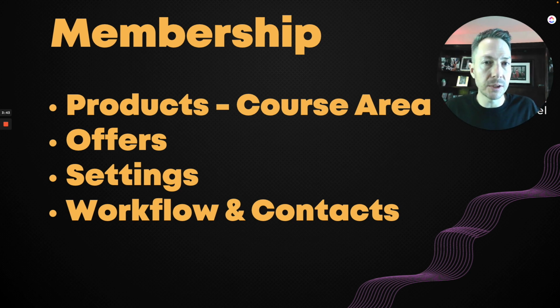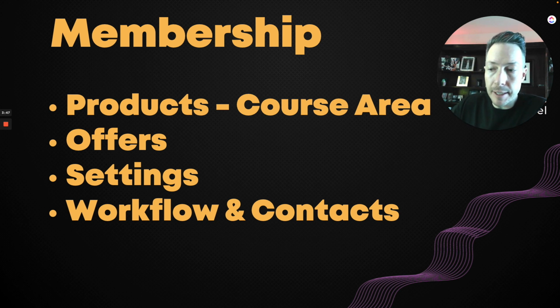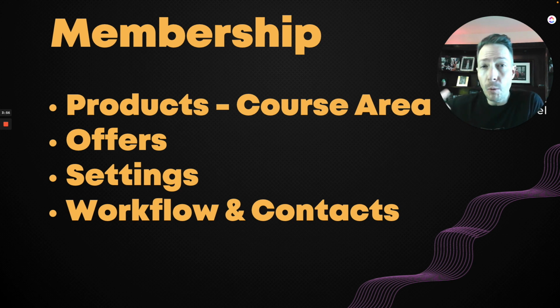The offers are going to be, is this a free product? Are we selling this? And then settings: what's the URL, how we're naming it, and if somebody signs up for our course or membership, how do they access it, password, login, that type of stuff.